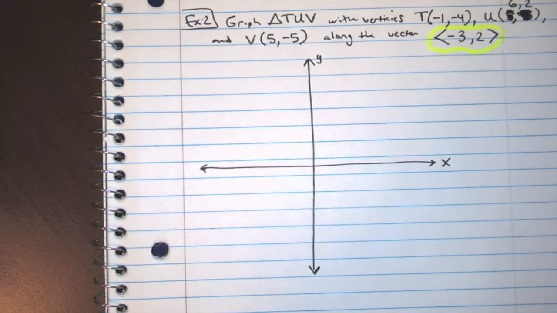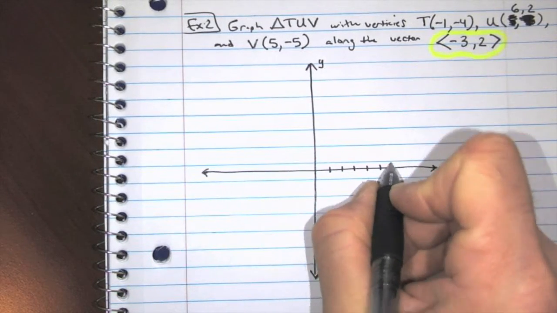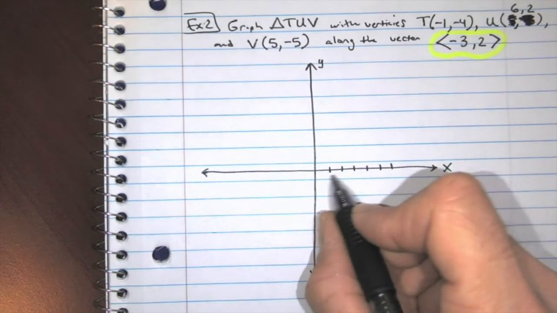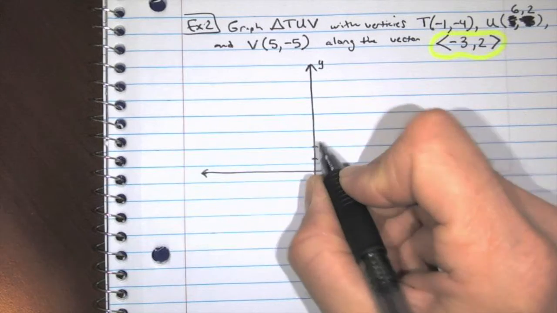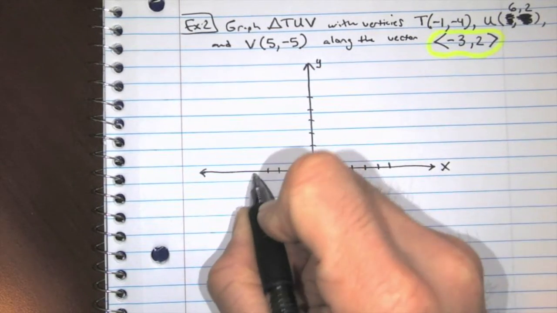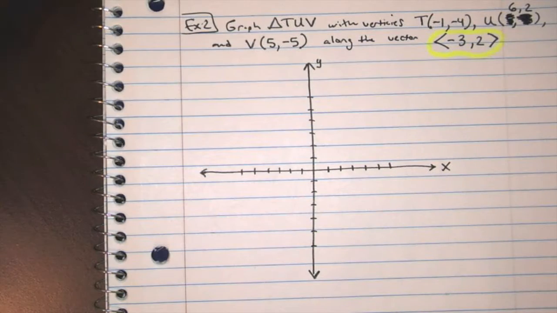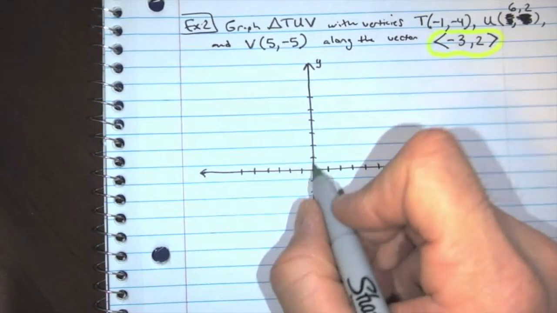You'll see in just a second. Actually, I am going to go out 6, but give yourself just a little bit of room for a little bit of error. 1, 2, 3, 4, 5, 6. 1, 2, 3, 4, 5, 6. Cool. All right, go ahead and graph that triangle.